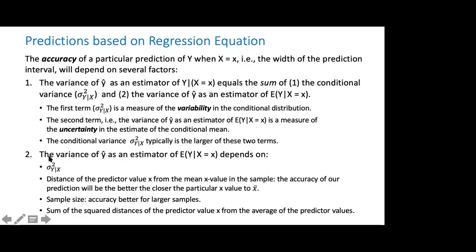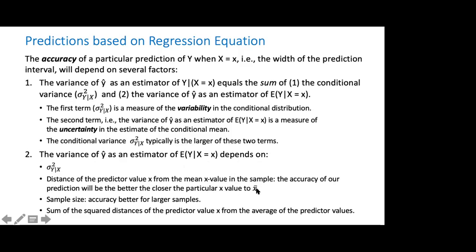depends on basically the variance of the conditional distribution itself and the distance of the predictor value x from the mean value of the sample. That means the accuracy of our prediction will be better if the x value is closer to the mean of x.